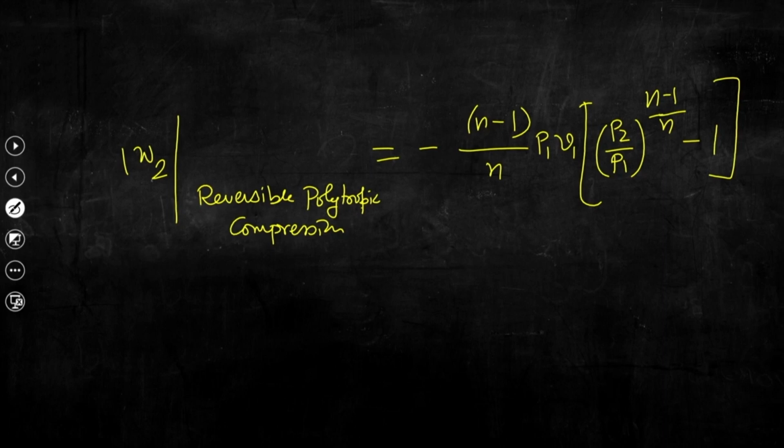So, this is the expression of the work needed to run the compressor following the reversible polytropic process.